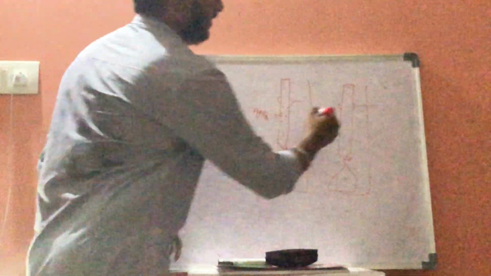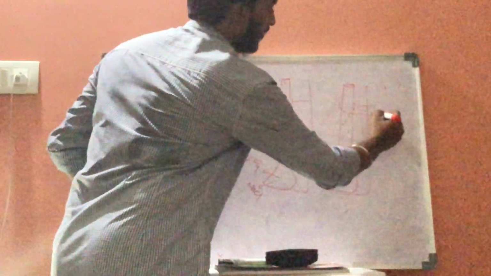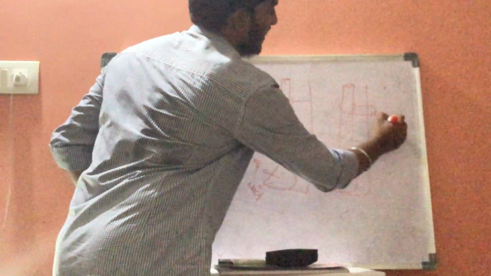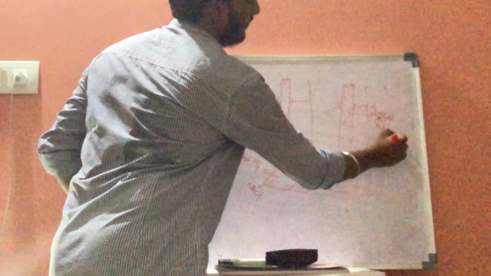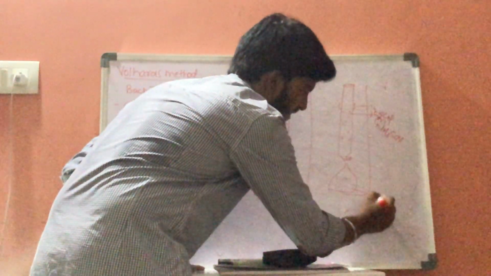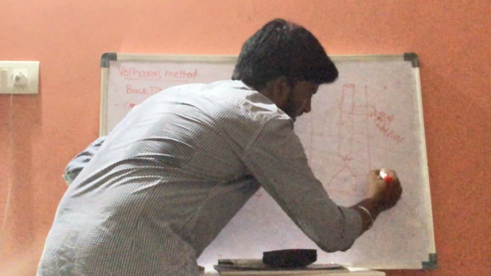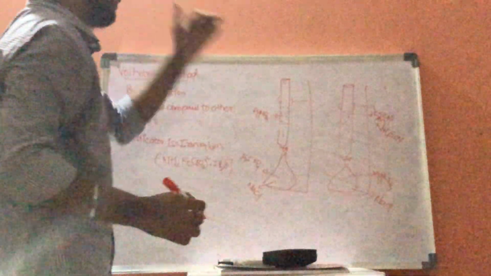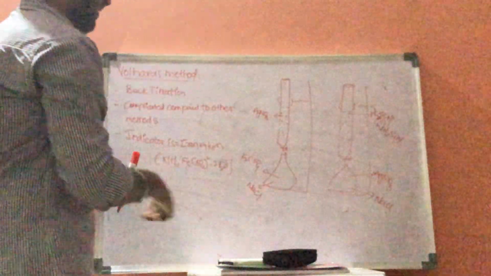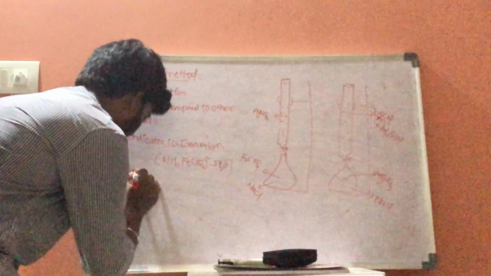In the second step, we should take potassium thiocyanate or ammonium thiocyanate in the burette, and in the conical flask we should take sodium chloride plus excess silver nitrate. These are the two diagrams related to Volhard's method.